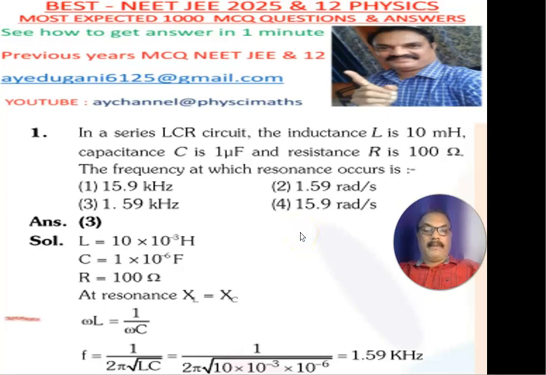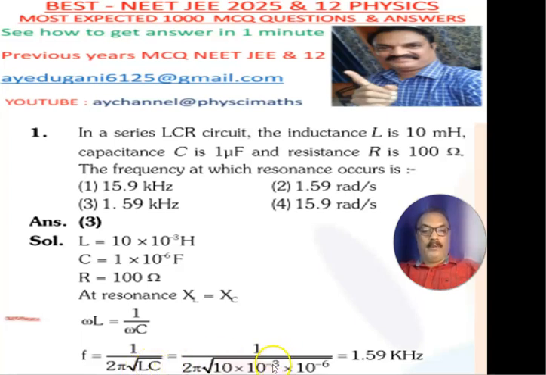Resonance will take place when inductive reactance is equal to capacitive reactance. At that time, omega L is equal to 1 by omega C. When you calculate, omega squared equals 1 by LC, so omega is 1 by root of LC. Since omega is 2 pi f, f is equal to 1 by 2 pi root of LC.